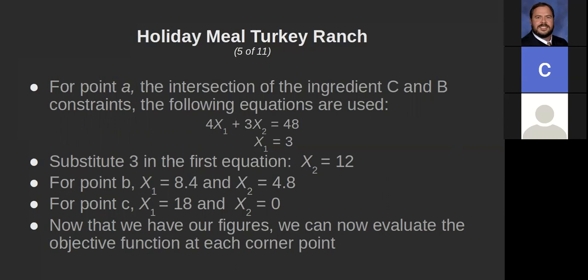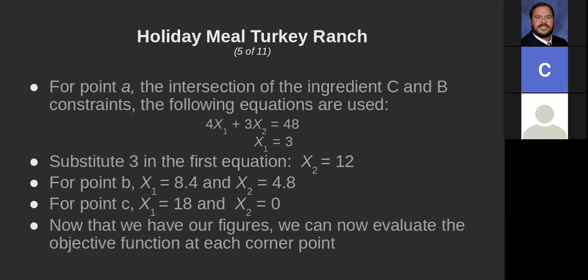You'll want to substitute 3 in the first equation so that x2 will equal 12. For point B, x1 equals 8.4 and x2 equals 4.8. For point C, x1 equals 18 and x2 equals 0.